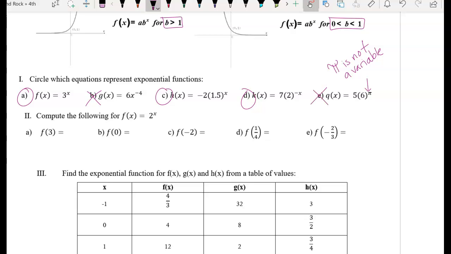Therefore, E is not exponential. Any questions on how to determine whether we have an exponential function or not? It's pretty cut and dry. Either there's a variable in the exponent or there isn't.